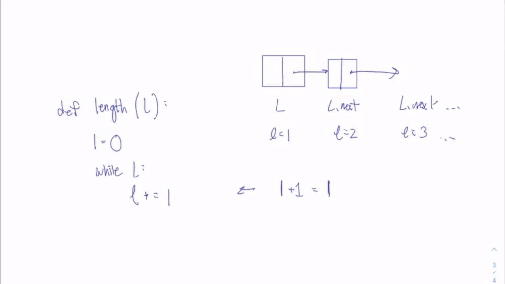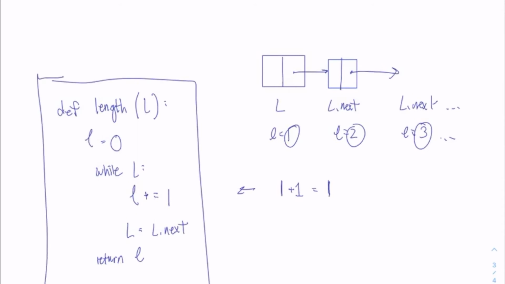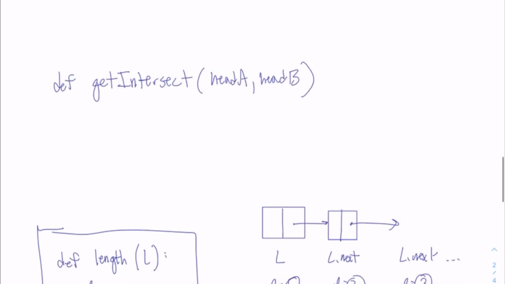So lowercase l will increment as L equals L dot next. And finally, we have to return the numerical value that we output from lowercase l, which will be lowercase l. So this is our function definition for length, which we'll be implementing in our getIntersect definition shortly.